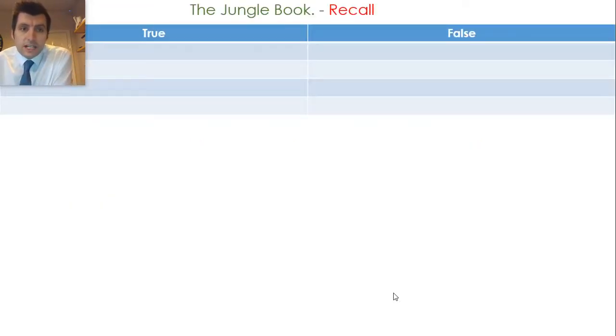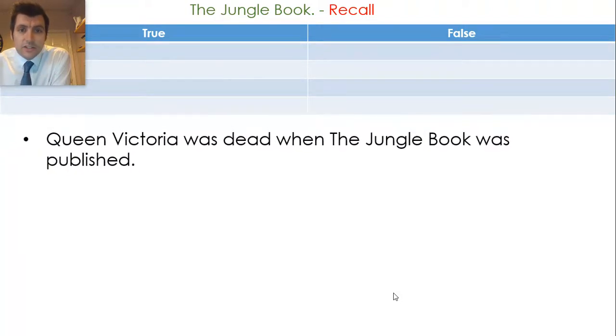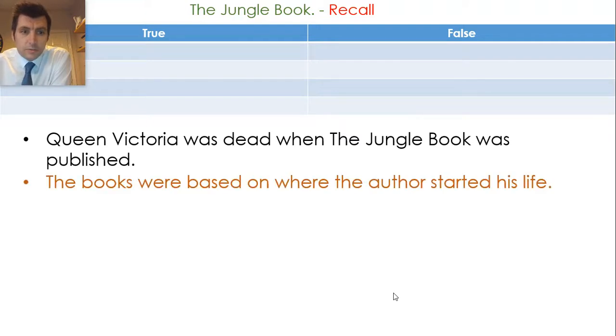Just a little bit about thinking back to the Jungle Book. You've got this true-false table in your pack. When I put these four statements up, decide whether they're true or false, pause the video and write them in your pack, please. The first one is: Queen Victoria was dead when the Jungle Book was published. The second: the books were based on where the author started his life.